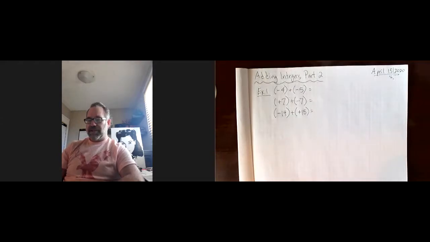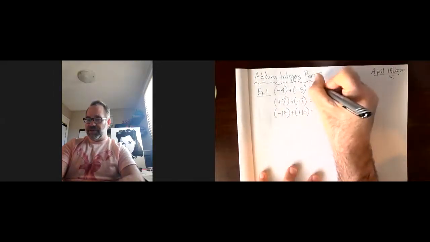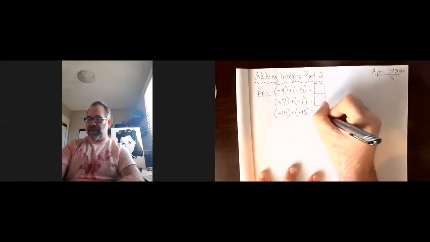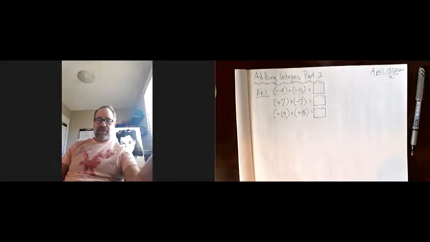We're not going to do any of the positive plus positive ones because those would be just like regular addition. I'm going to go through some of these and explain them a little bit, but first I'd like you to give them a try on your own, stretch your brain a little bit. You don't need to do a model for this, but just give it a try: -4 plus -5, +7 plus -7, and then -14 plus +15.